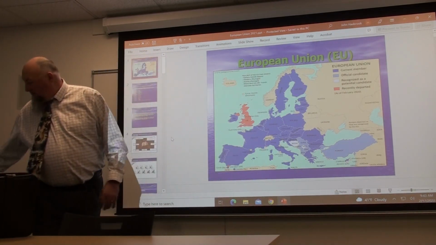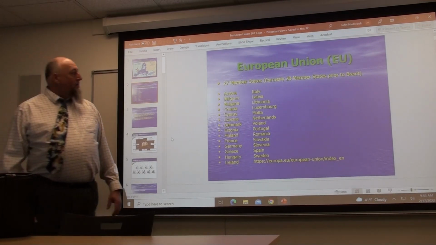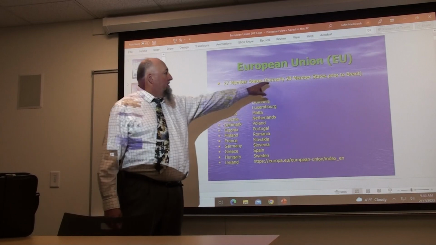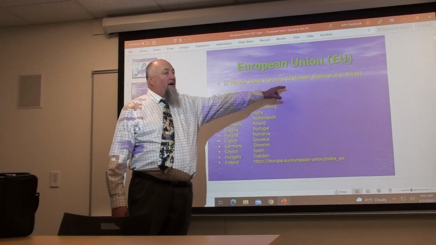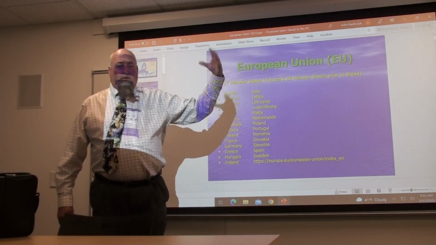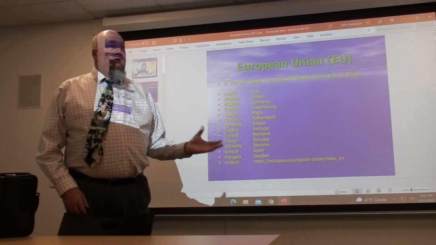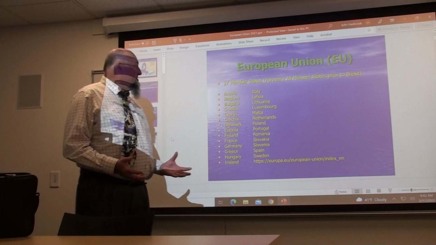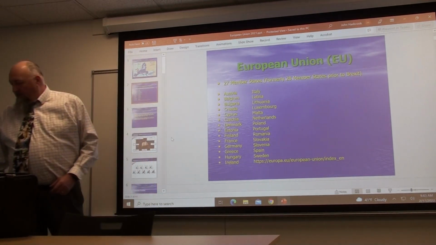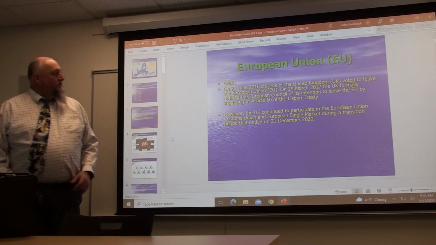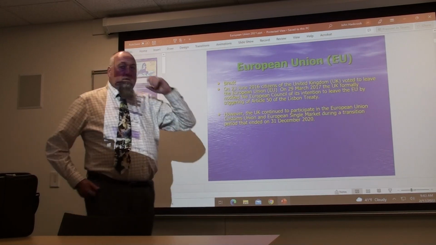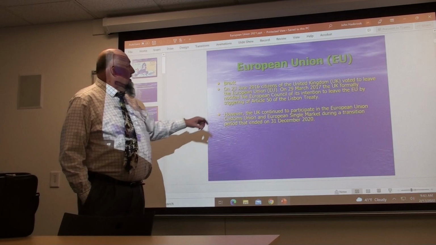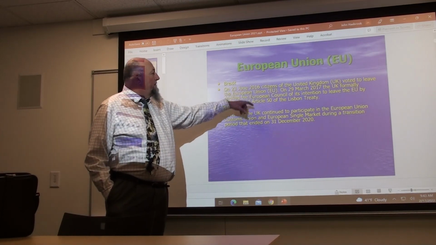So these are the current 27 member states. I won't read them all off. Formerly 28 member states prior to Great Britain, the United Kingdom, Brexit, leaving the European Union. So we're now back down to 27 member states. So Brexit, with the United Kingdom leaving the European Union, was voted on in 2016.